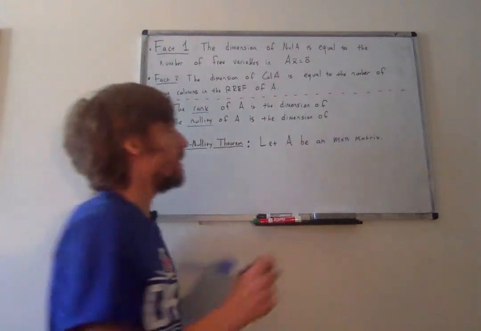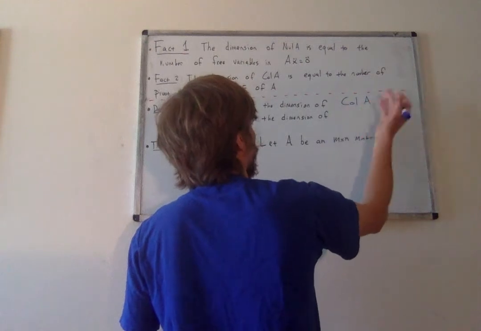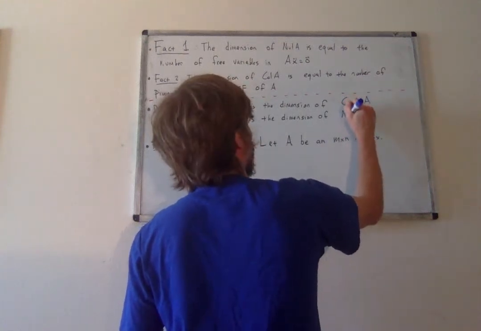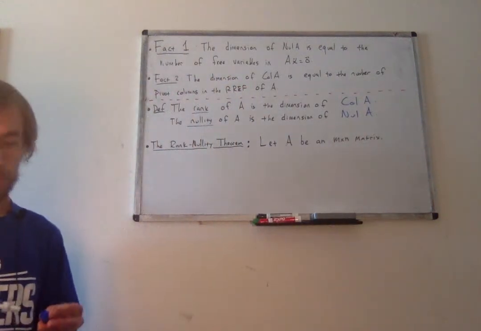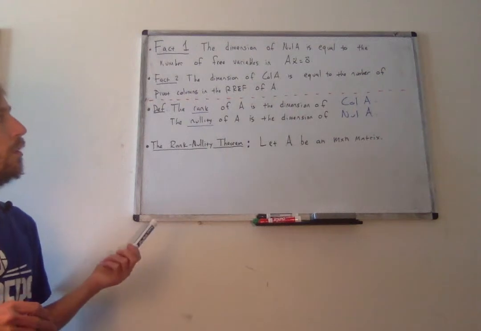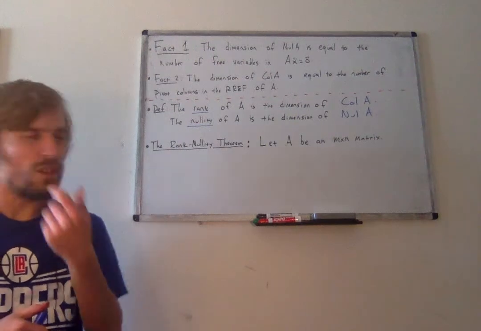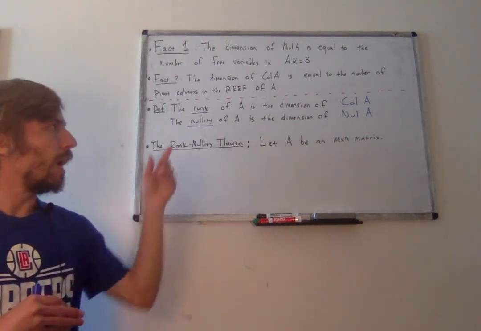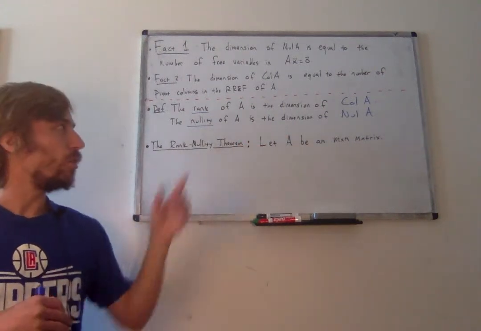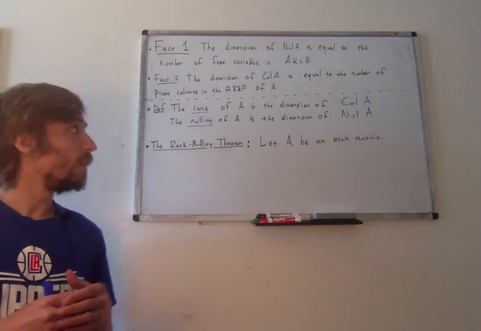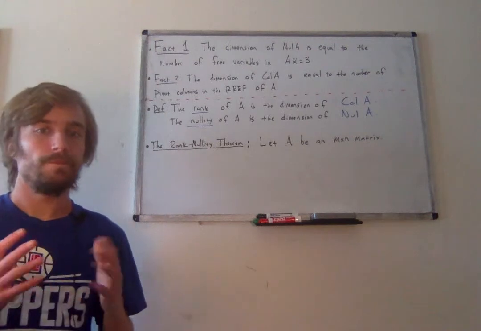So the rank of A is the dimension of the column space of A, so Col A, and the nullity of A is the dimension of the null space of A. Rank we will use more as a definition than nullity, or at least the book does. I might use both frequently, because we'll be talking about the dimension of the null space of A quite a lot. So rank is the dimension of column space. Nullity is the dimension of null space.